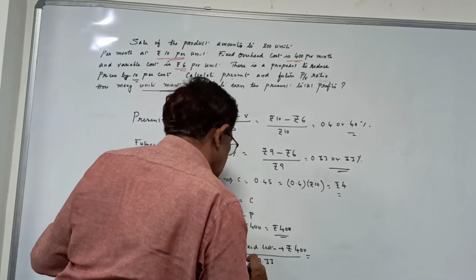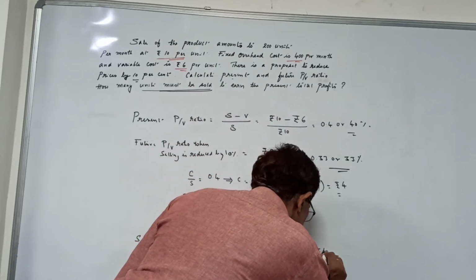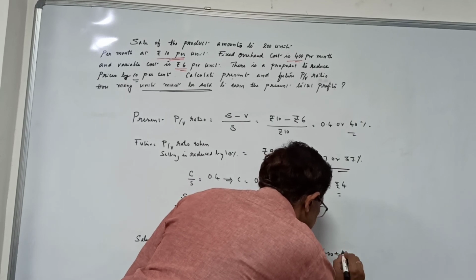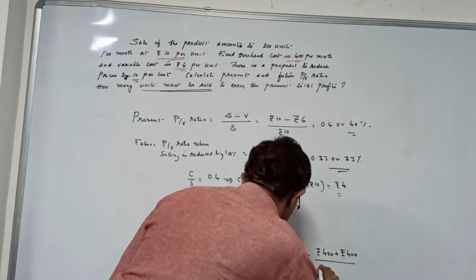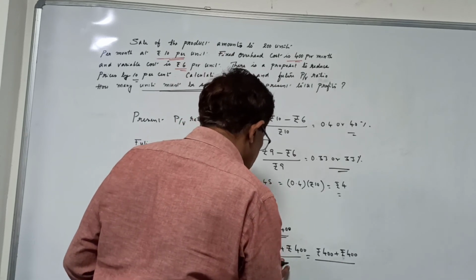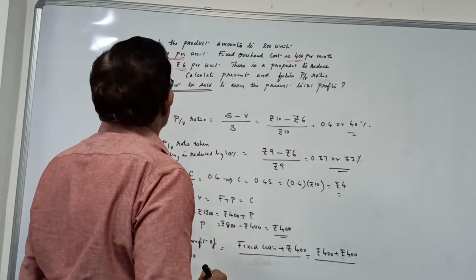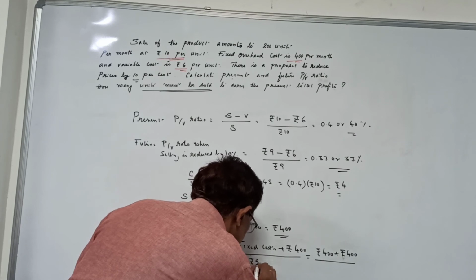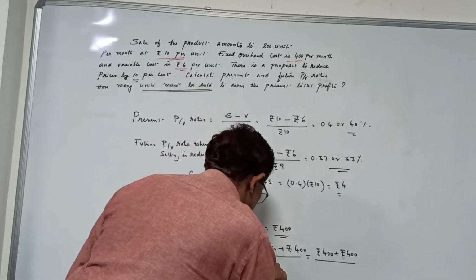Then, which is nothing but, we have a fixed cost of 400 rupees plus rupees 400, divided by 0.33. Or we can directly, because we wanted a number of units, take S minus V itself. New S is nothing but rupees 9, and V is the same, that is rupees 6.